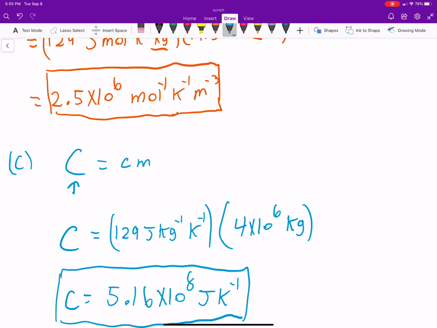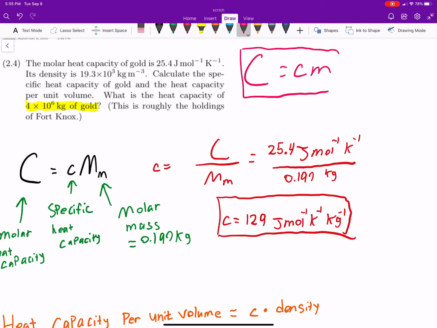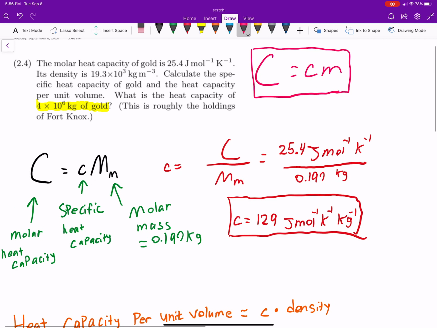Okay. So big C equals little c times m. That's going to be the main equation we're working with for this question, and most of the problems revolve around that. In part A, we have the molar heat capacity, so that's what this big C is, and if we're dealing with the molar heat capacity, we want the molar mass.